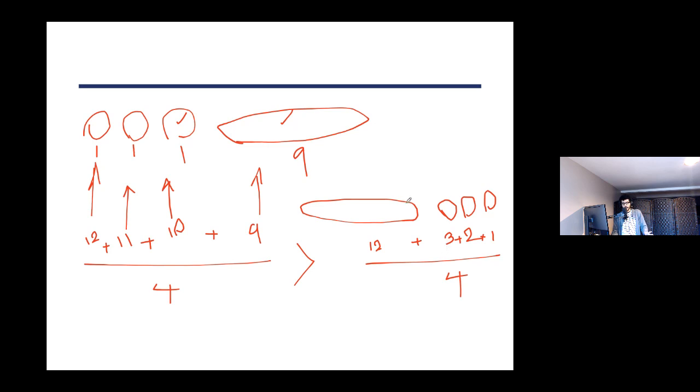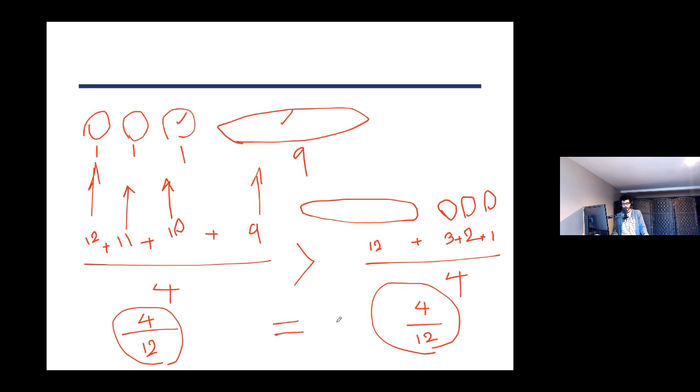What about throughput? The throughput of both systems is basically, in 12 seconds, we're doing 4 tasks. So 4 divided by 12 is the throughput of this one, and 4 divided by 12 is the throughput of this system. So they're equal. I haven't changed the throughput by reordering.